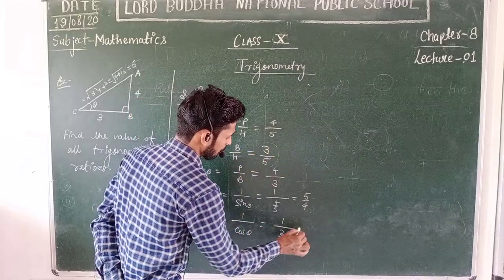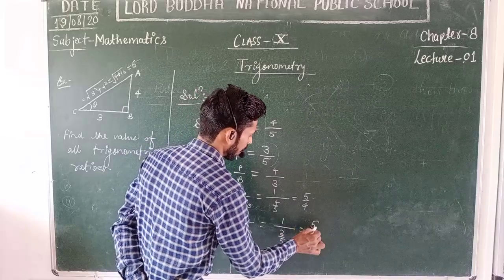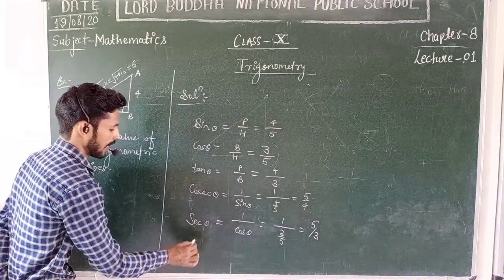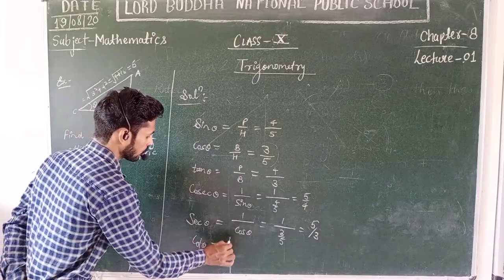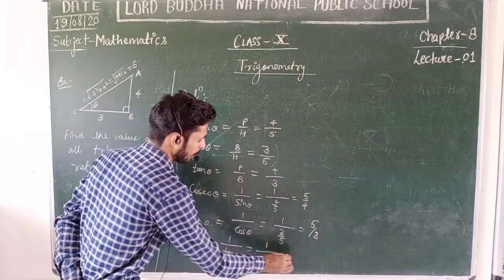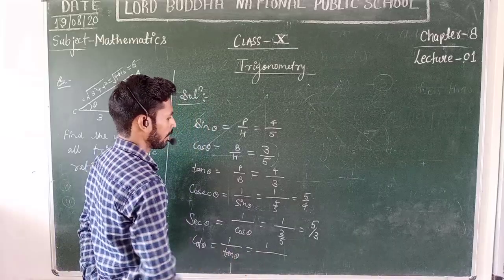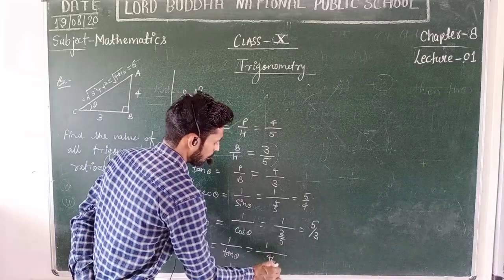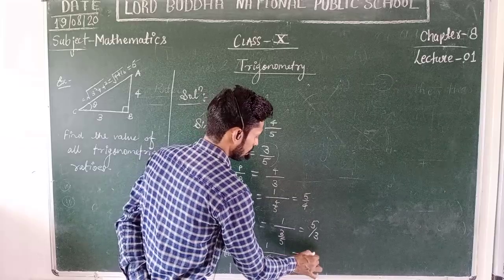So 1 upon 3 by 5 will be 5 by 3. Last one is cot theta, that is equal to 1 upon tan theta, equals 1 upon 4 by 3, equals 3 by 4.